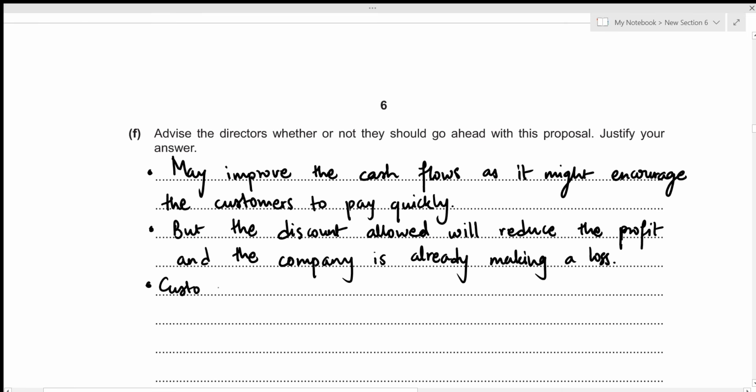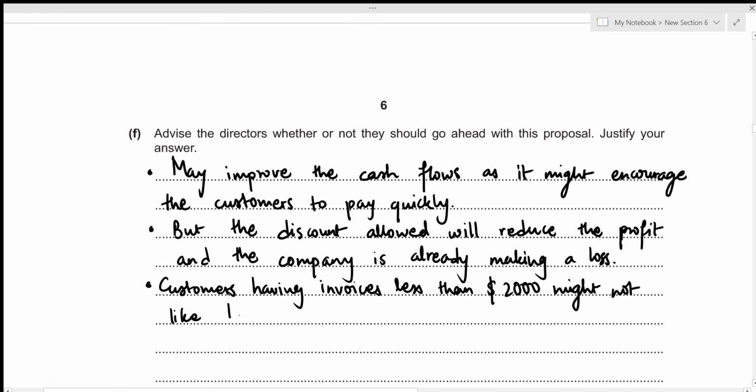Customers having invoices less than 2,000 might not like this decision, resulting in a possible loss of customers.